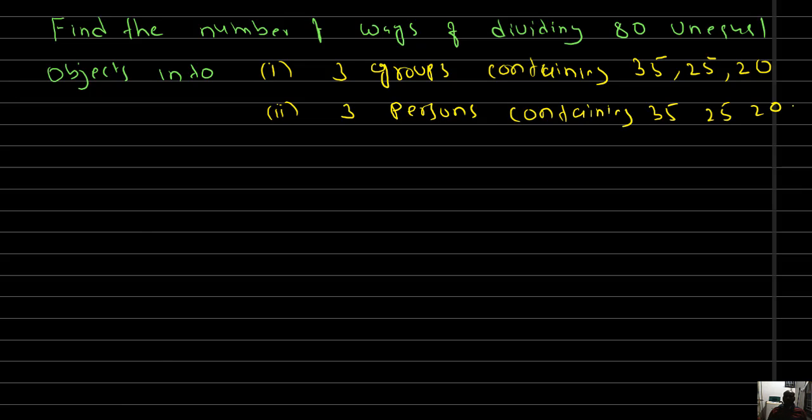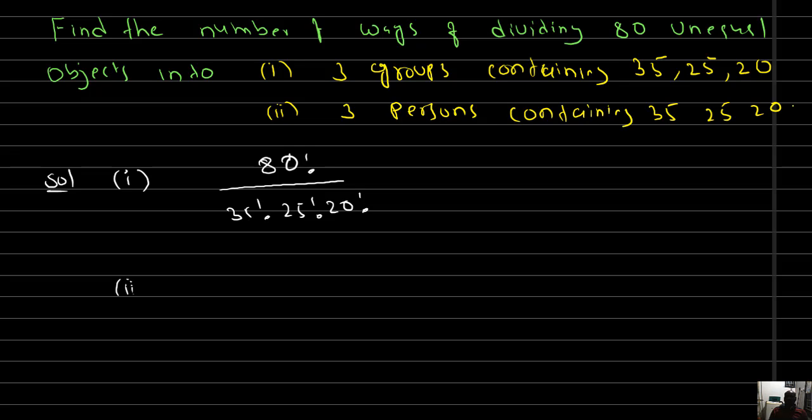One example problem. Find the number of ways of dividing 80 unequal objects into: first, 3 groups containing 35, 25, 20; second, 3 persons containing 35, 25, 20. So the solution: for the first one, directly I can say 80 factorial by 35 factorial into 25 factorial into 20 factorial.